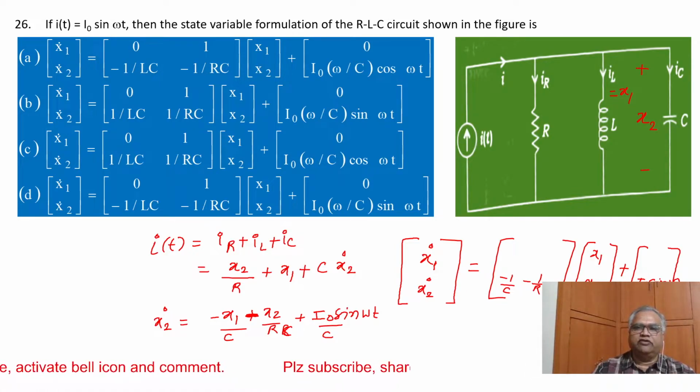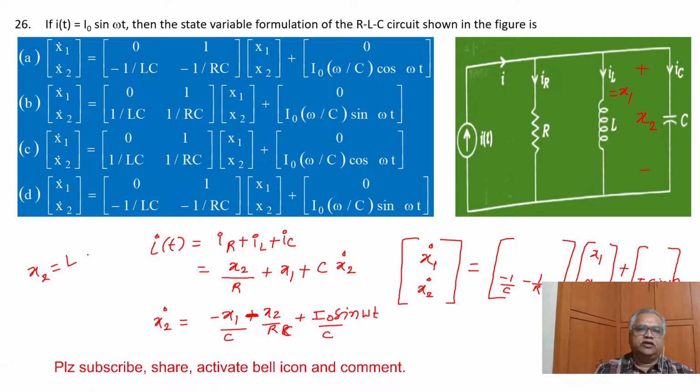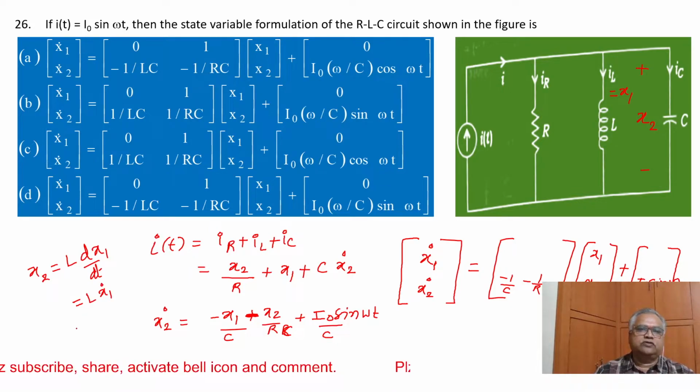This is second one. But what is first one here? If you see, what is IL? Voltage x2. What is voltage x2? Is nothing but L dIL by dt. That means it is derivative d by dt of x1. So it is nothing but L x1 dot.